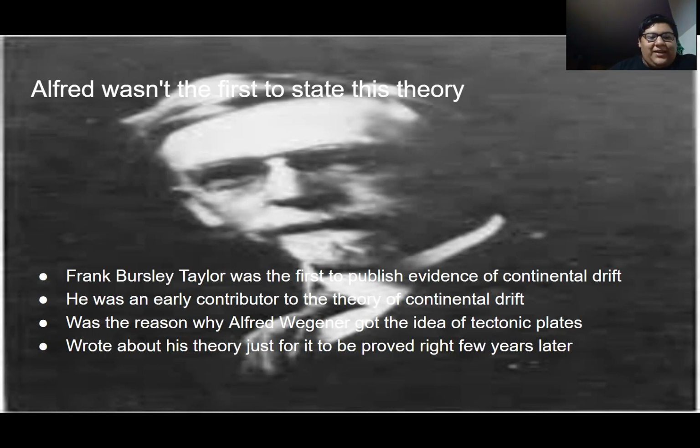So this man over here on the screen published a book of evidence of continental drift. And it wasn't until later when Wegener came around, he said, oh, this guy was right. I'm going to get his book, see what he wrote about, and figure it out myself with his information. So pretty much he started it.